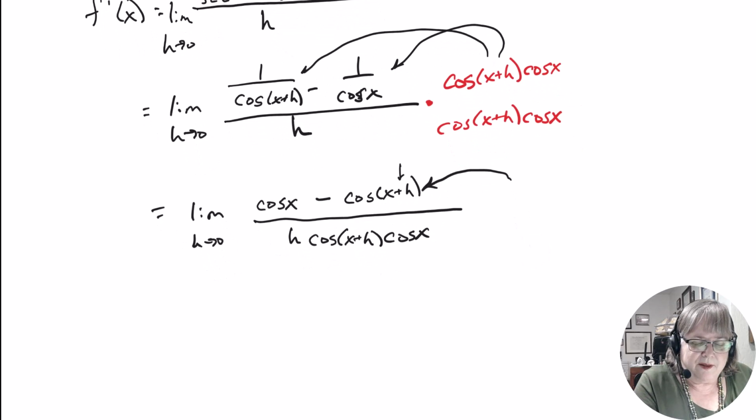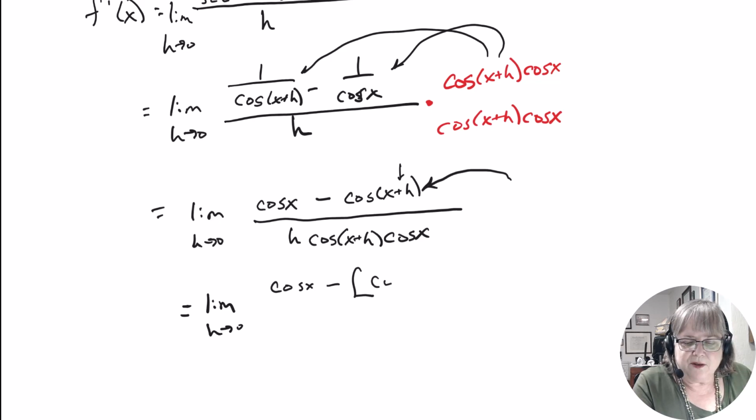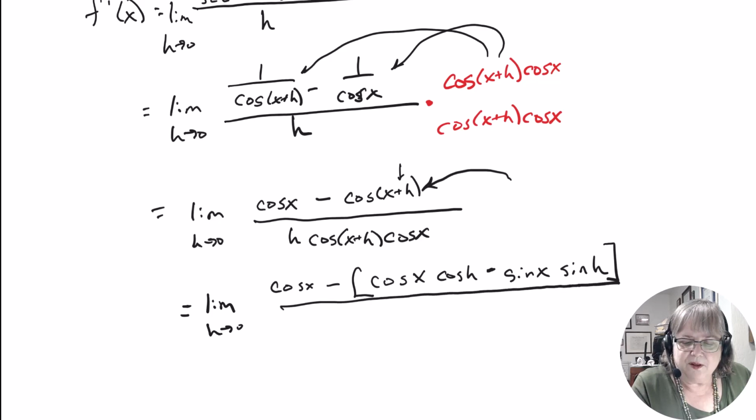So it's going to be the limit as h goes to 0 of cosine x minus, and you've got cosine, cosine, sine, sine. And if it was plus, this is a minus. Over h cosine x plus h cosine x.